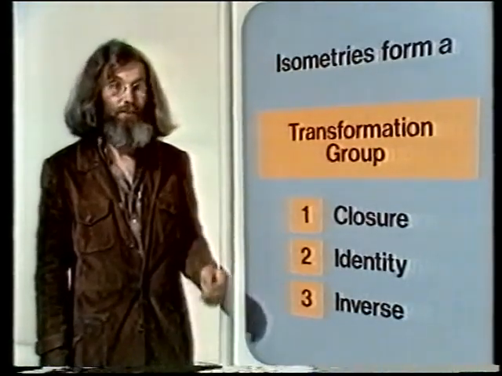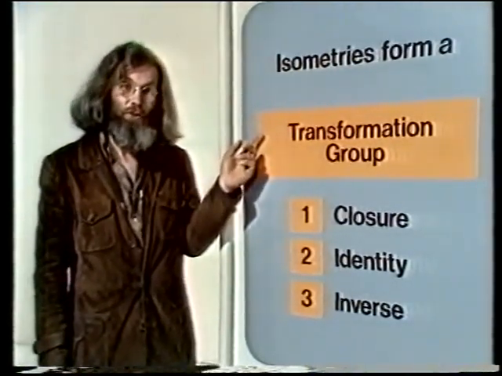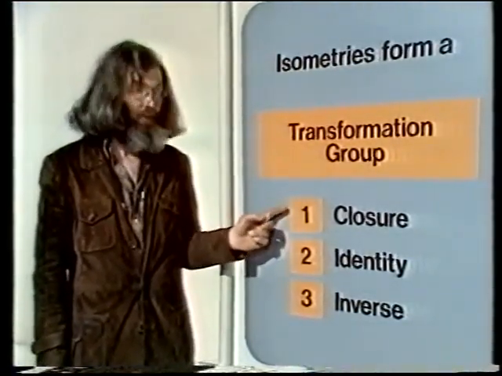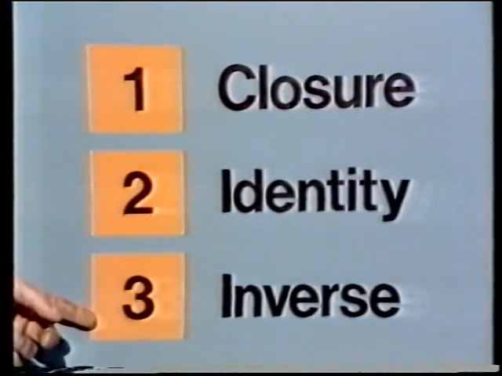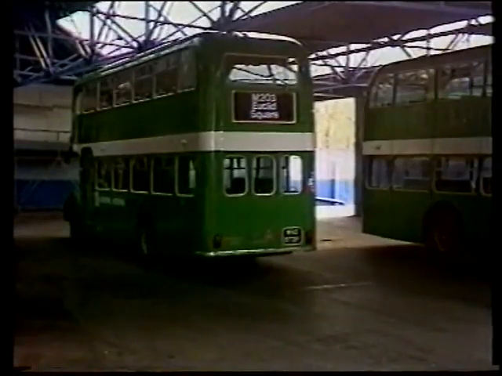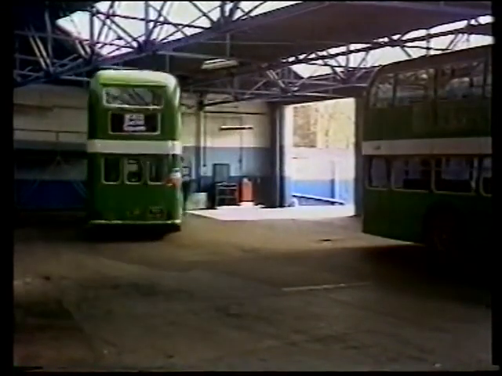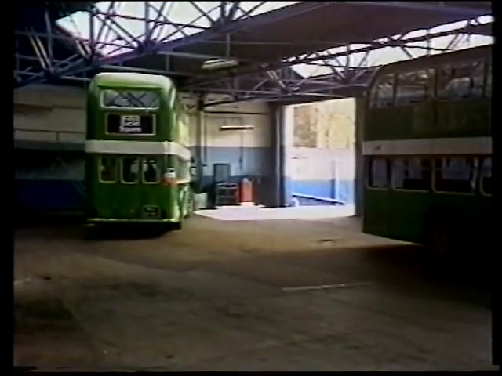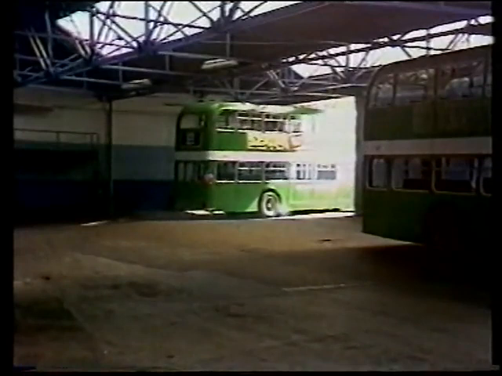Well, one thing we can see at once is that they form a transformation group. Remember, that means that they have to satisfy these three properties. Firstly, closure. They're closed under composition. That just means that if you take one isometry, followed by another one, then the combined result is itself an isometry.